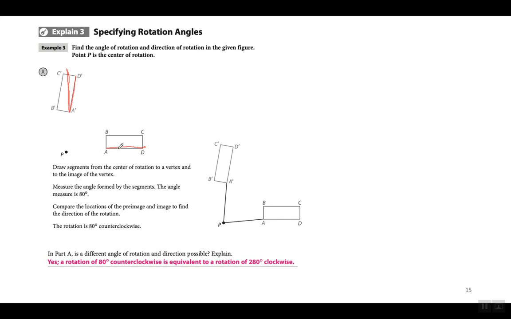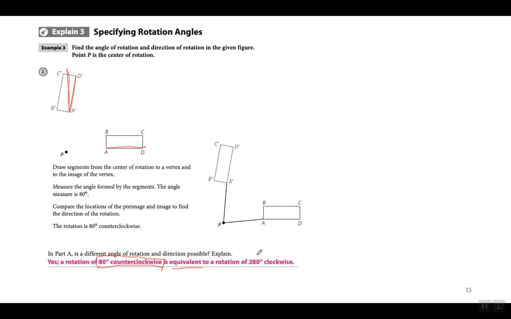The questions are going to be multiple choice, so you just have to pick which answer is a little bit less than 90 degrees and makes the most sense. In this question, it would be an 80-degree counterclockwise rotation. This would be the correct answer, and over here they're just writing that that's equivalent to a rotation of 280 degrees clockwise. This is what I was mentioning earlier.